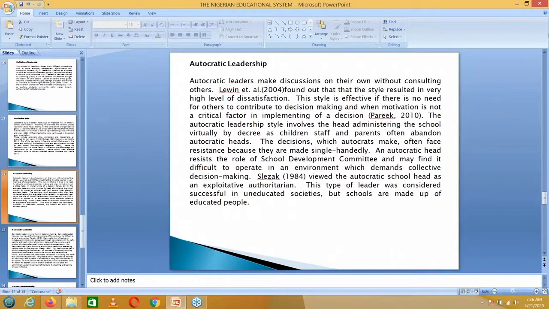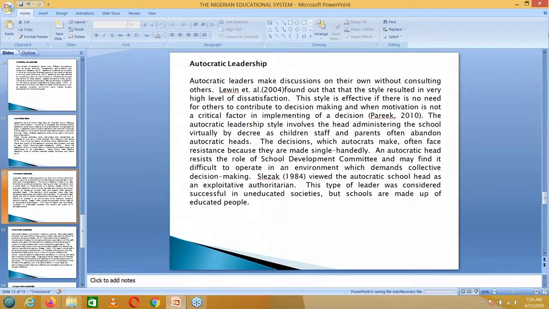In autocratic leadership, leaders make decisions on their own without consulting others. That's the head of the school. He makes decisions on his own without consulting others. This style is effective if there is no need for others to contribute to decision making, and when motivation is not a critical factor in implementing the decision.